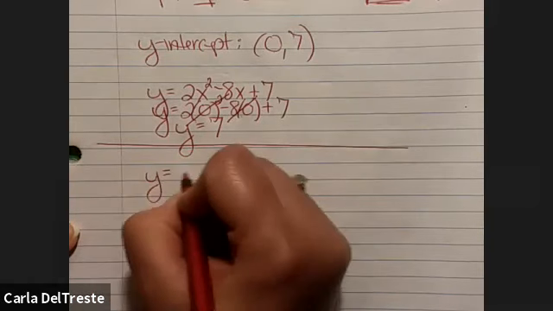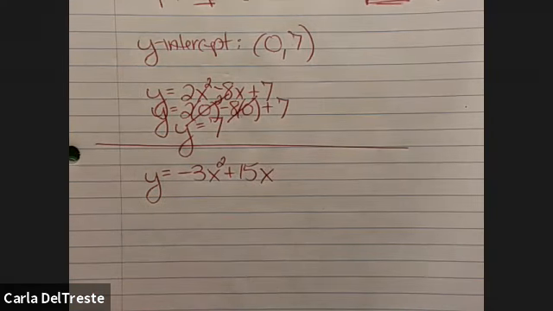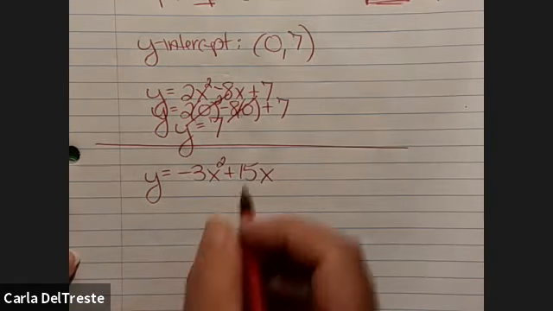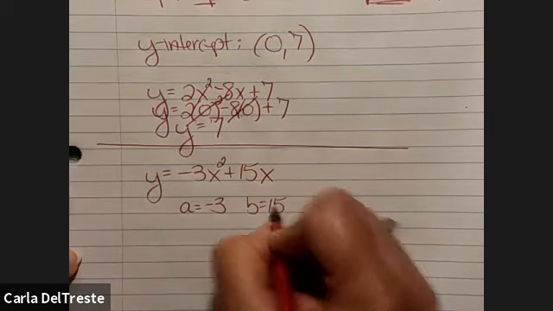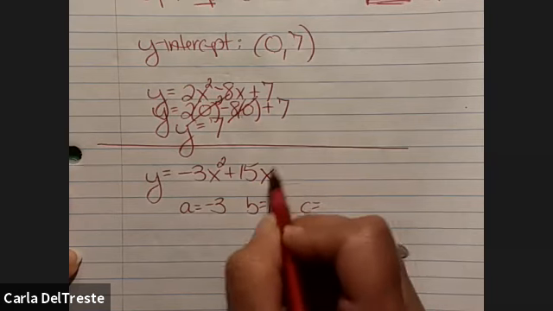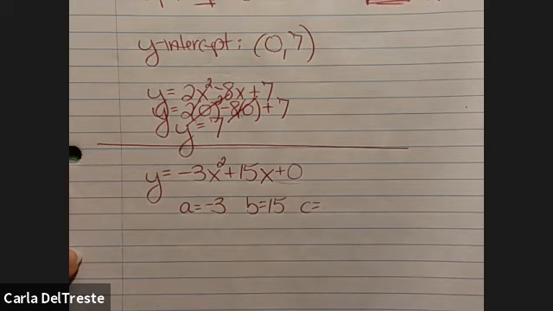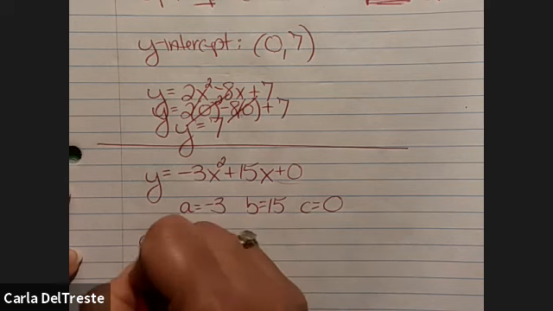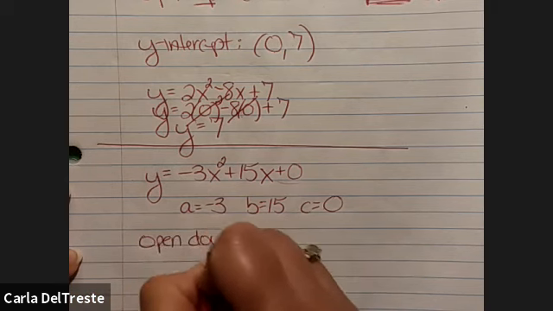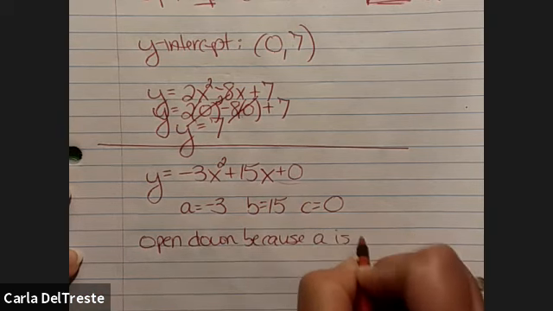These go really quick, so let's just do a couple more. Let's say we have y equals -3x² plus 15x. Let's identify our a, b, and c. A is -3, b is 15, c is not here. If it's not here, it's just like there was a +0 there. So c is 0. This tells me that it is open down because a is negative.